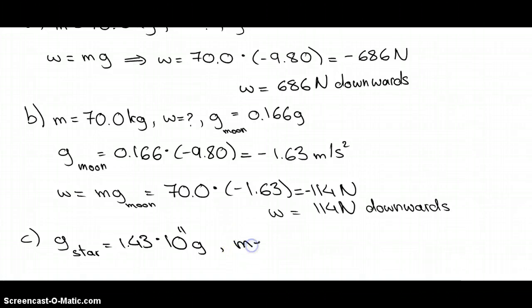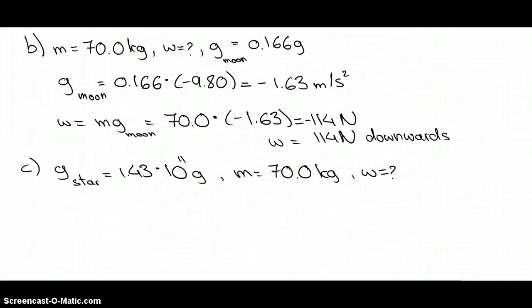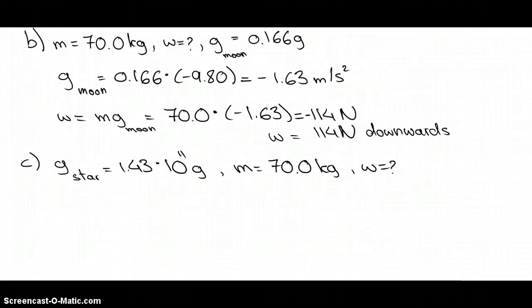The mass didn't change, and we still want to find the weight. I apply the same concept. This is exactly the same as B. Only the numbers are different here.